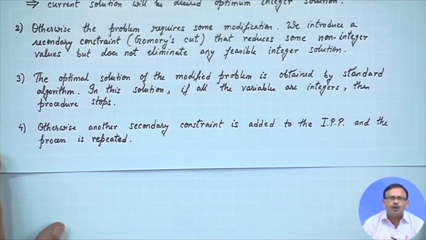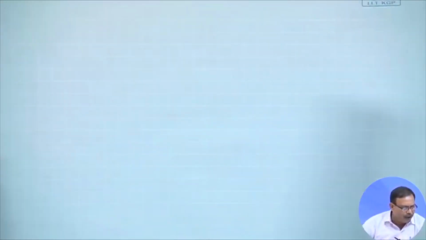That means, you will go on introducing the constraints till the values of the decision variables of the basis are no longer non-integer, and you will repeat the process. So, actually what happens?